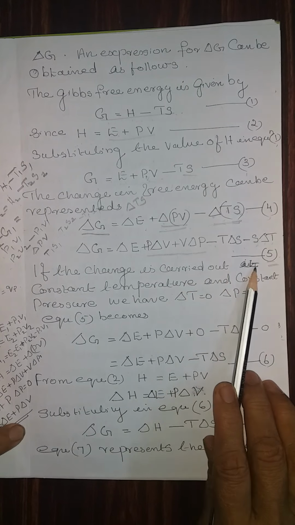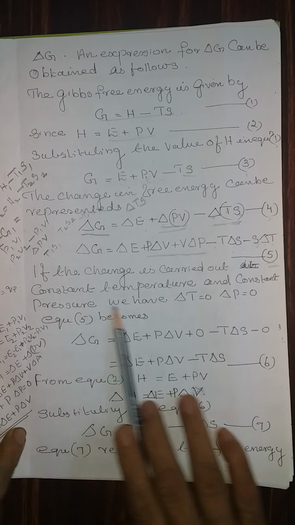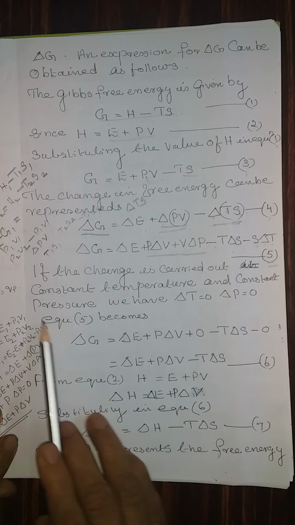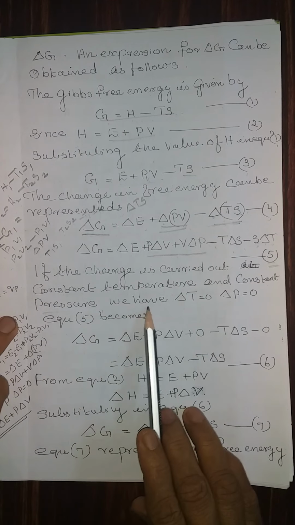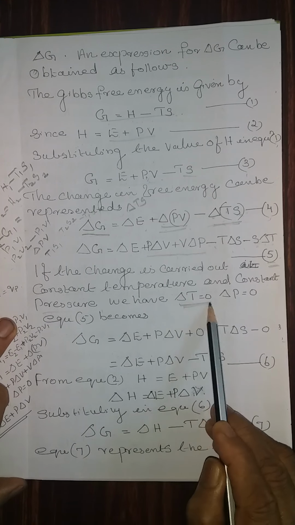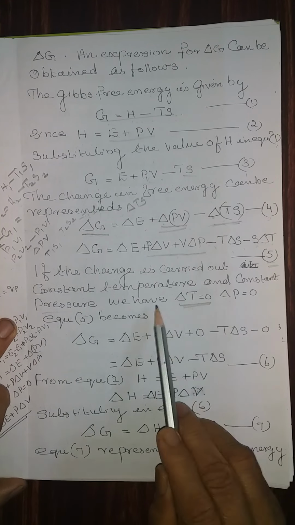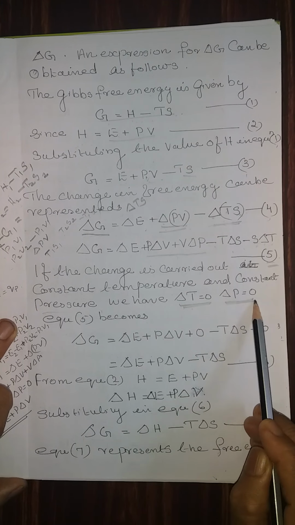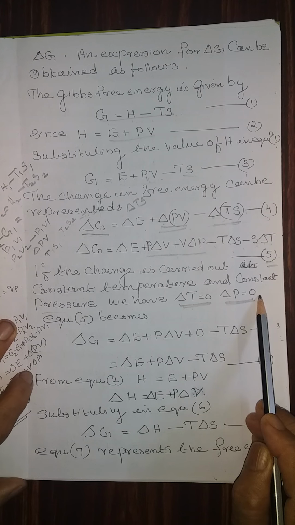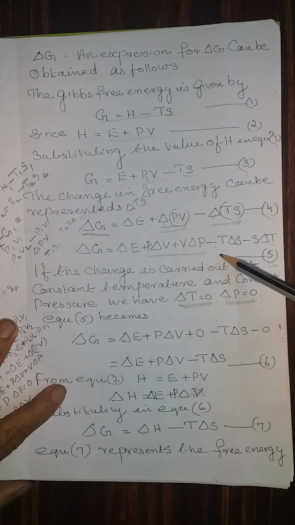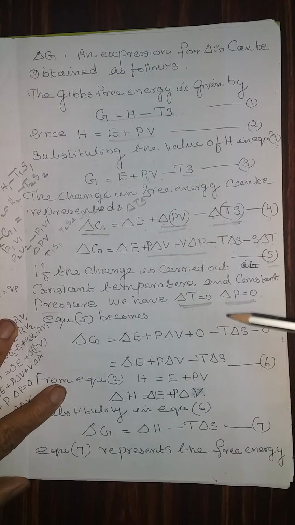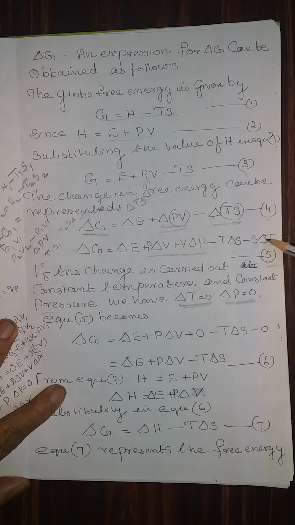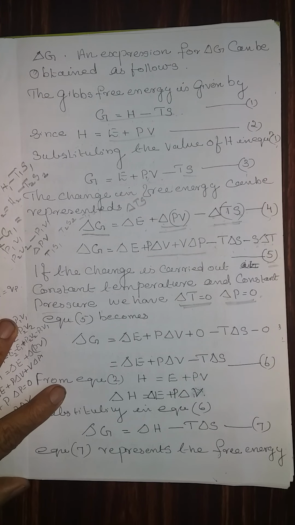If the change is carried out at constant temperature and constant pressure, we have delta T must be equal to 0. At constant temperature, there is no change in temperature. At constant pressure means no change in pressure. Delta P is equal to 0. Then you can cancel certain terms in this equation. That is delta T, this can be cancelled, it is equal to 0.